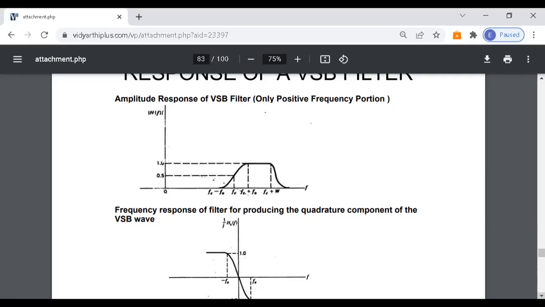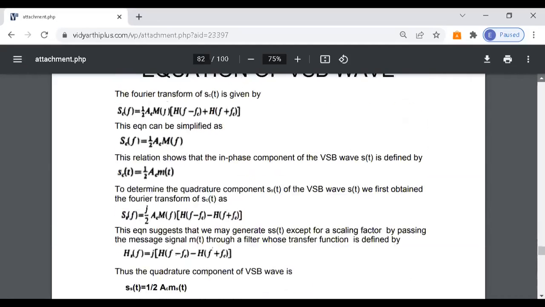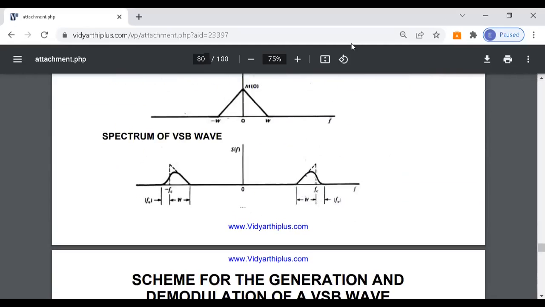So if one part of the signal has a bigger... you mean like here? Yes, sir, and it is uneven. Right.